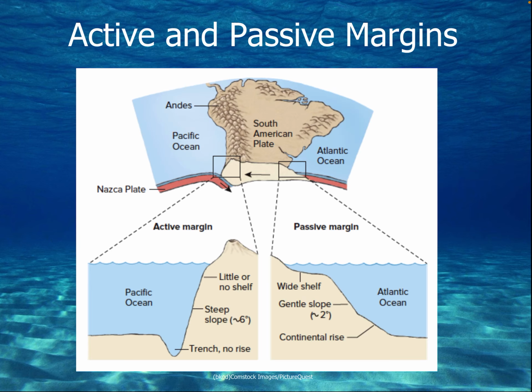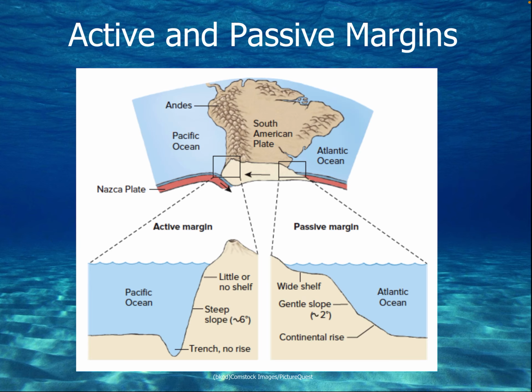And here's a picture kind of showing that on the Pacific side of South America. That's the active margin. That's where you had the Andes Mountains being formed as the Nazca Plate subducts under the South American Plate. On the eastern side of South America, there's no subduction happening.